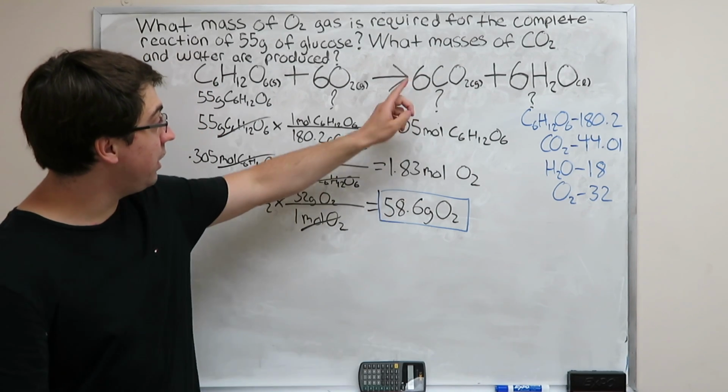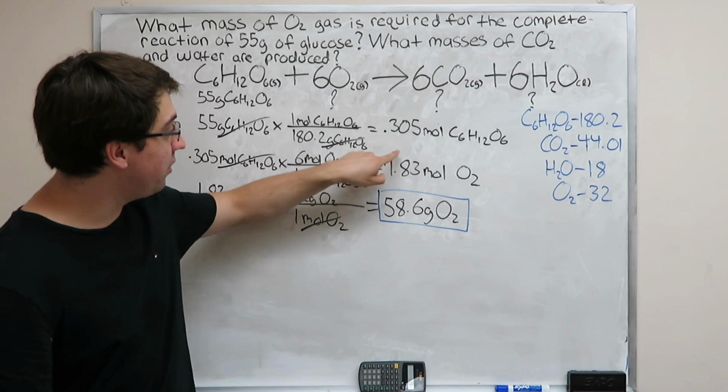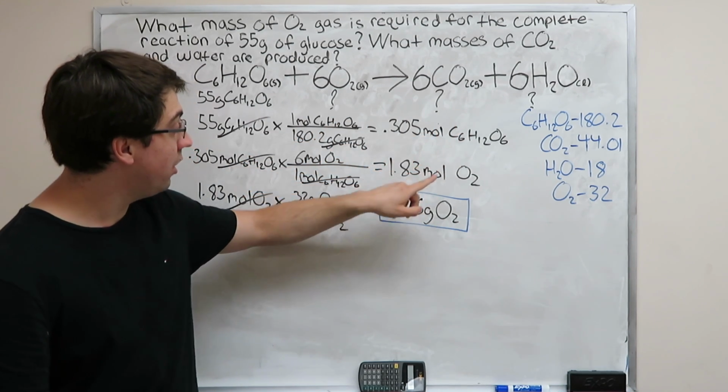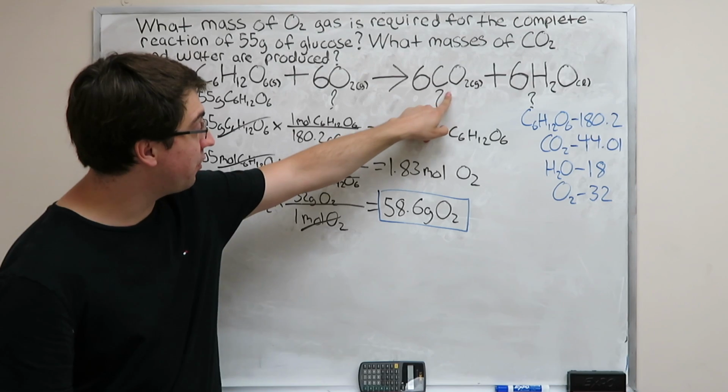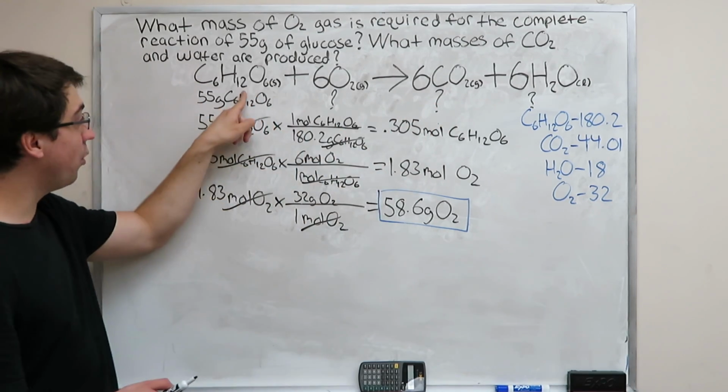Now we need to figure out how many grams of carbon dioxide is produced. We know that we have 0.305 moles of glucose, so we need to convert this amount to moles of CO2. And for this equation, there is 6 moles of CO2 for every mole of glucose.